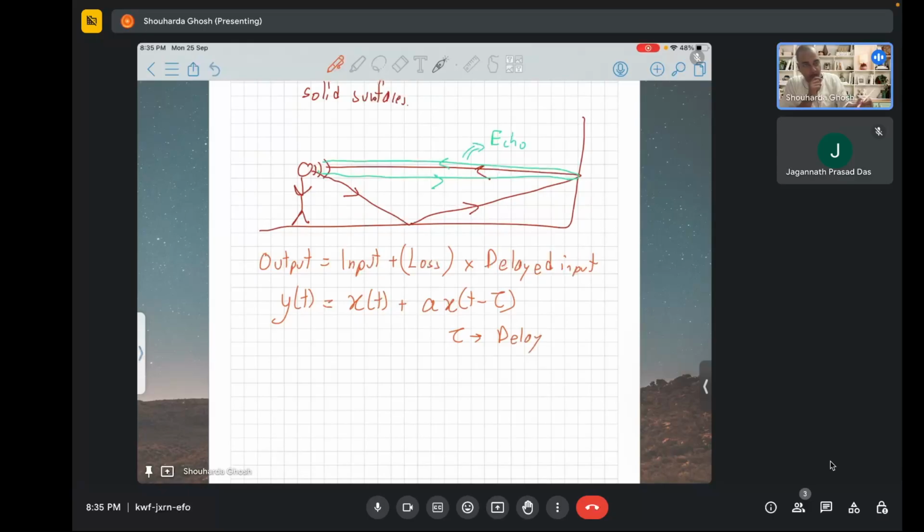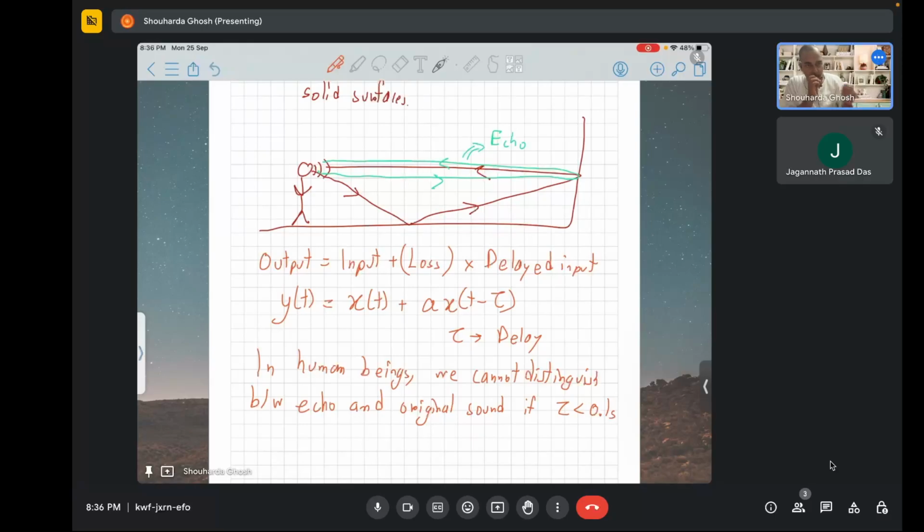Okay, and note that human beings cannot distinguish between echo and original sound if tau is less than 0.1 second.